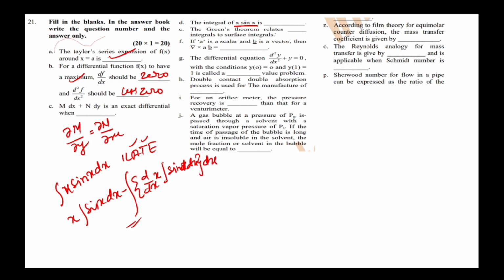The Green's theorem relates line integral to surface integral. If a is a scalar and b is a vector. Suppose a is any scalar quantity x and b is a vector, B equal to ai plus bj plus zk. If I multiply x, then it becomes axi plus bxj plus zxk, and again we are taking the gradient.